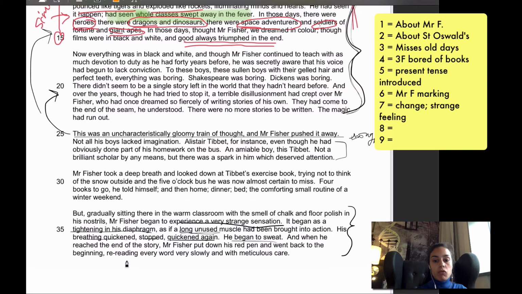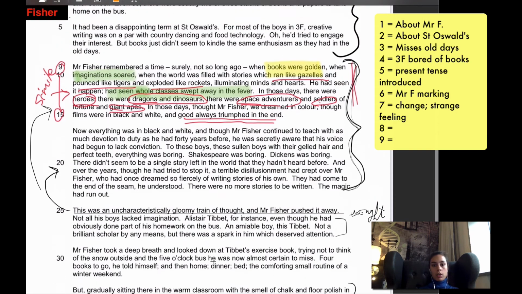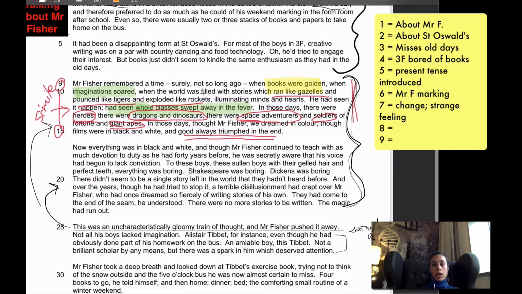And then Mr. Fisher rereads every word very slowly and with meticulous care. Well, that's a change because Mr. Fisher, up at the top, if we look, has talked about how the average creative writing for boys in 3F was on par with country dancing and food technology.